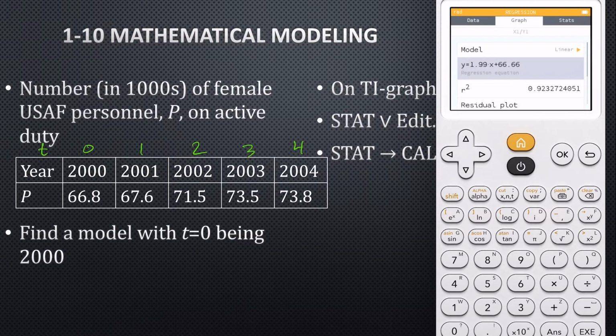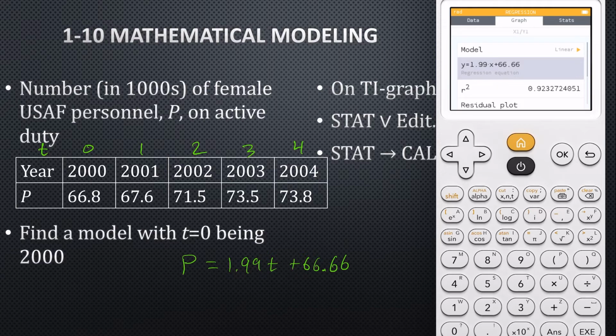So you can see it's y equals 1.99x plus 66.66. In this case, it would be 1.99, with t instead of x.